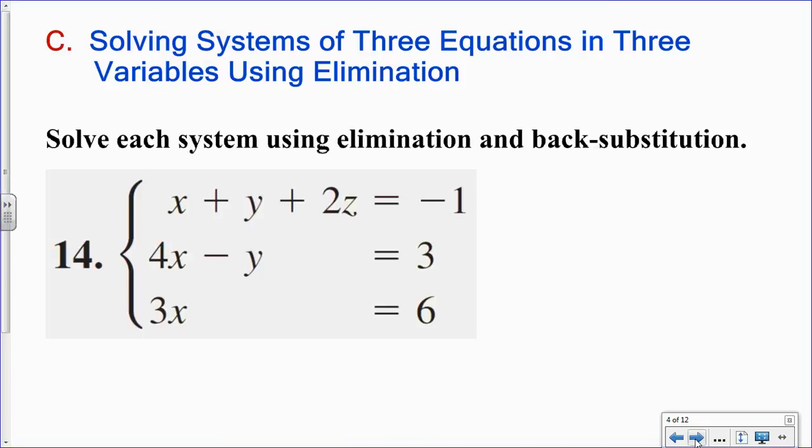So I'm going to have to find 3 values. Since I have x, y, and z, I'm going to have to find 3.